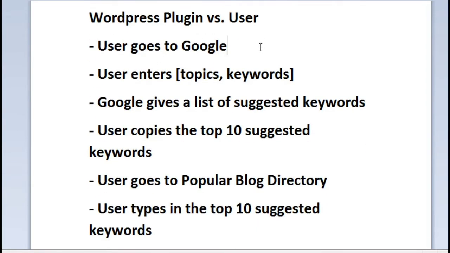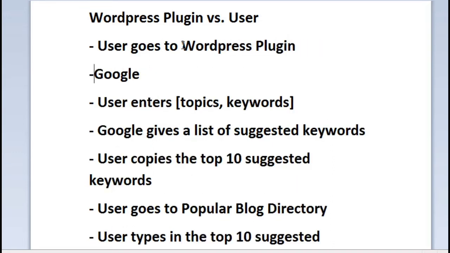Okay, so starting from the beginning again. User goes to Google. Now, in this case, the user is going to have to stay inside of the WordPress plugin. They're not going to be able to leave or anything like that. We're going to want them to be able to click a button and it all happens. All right. So user goes to WordPress plugin after they have activated it.